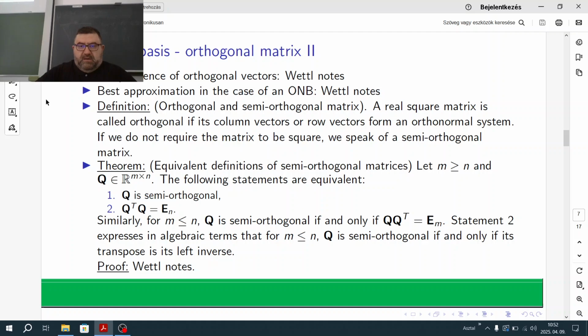A real square matrix is called orthogonal if its column vectors or row vectors form an orthonormal system. So you divide the matrix into parts: all columns are vectors, and these vectors form an orthonormal system, or its rows. If your matrix is not a square matrix, then you talk about a semi-orthogonal matrix.